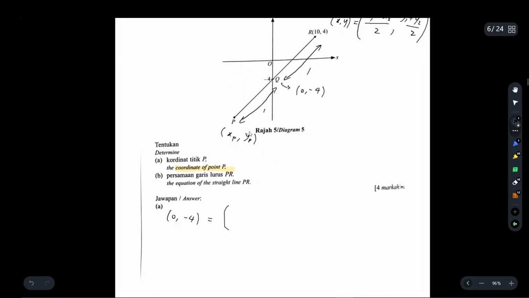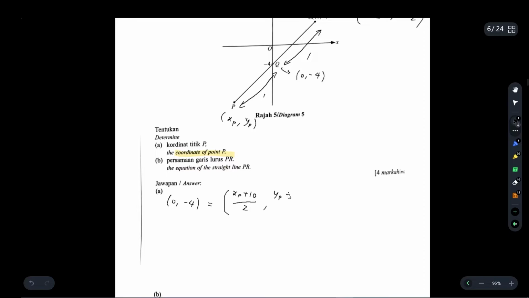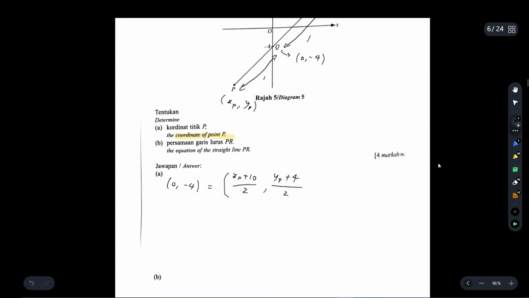So (xP plus 10) over 2, then (yP plus 4) over 2. So now we have it. This side, we are calculating the x coordinate of the midpoint, and this, on the other hand, is the y coordinate of the midpoint.